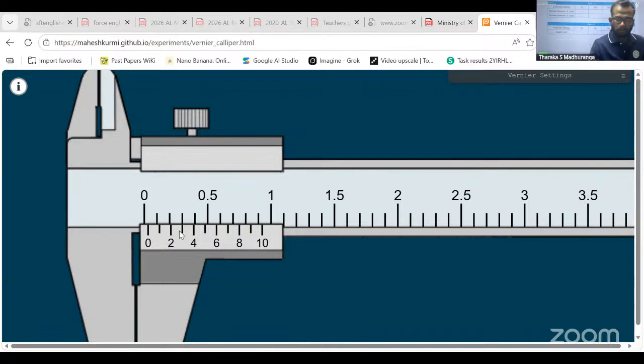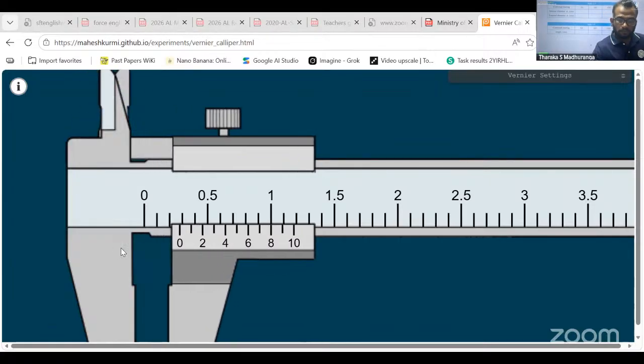Just get the coinciding value and multiply by the least count. In this case, the positive zero error coinciding value is 3, then 3 into 0.1 is 0.3 millimeter.